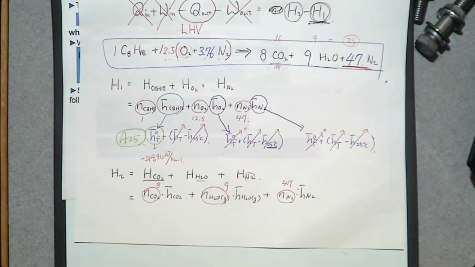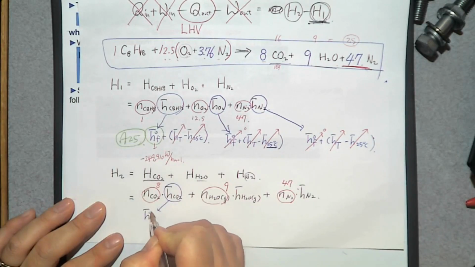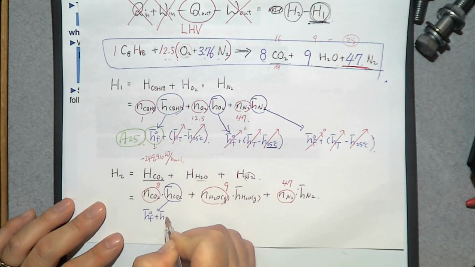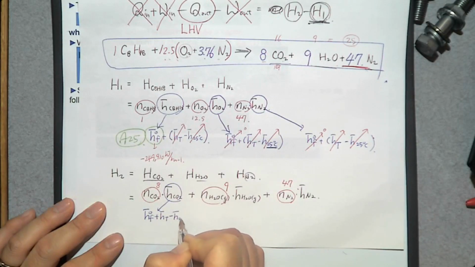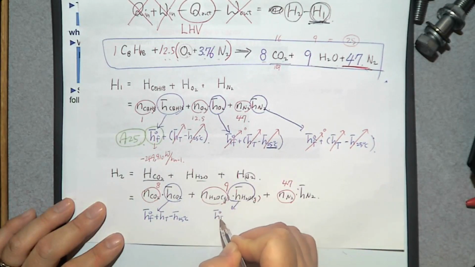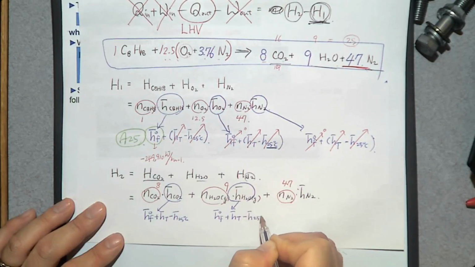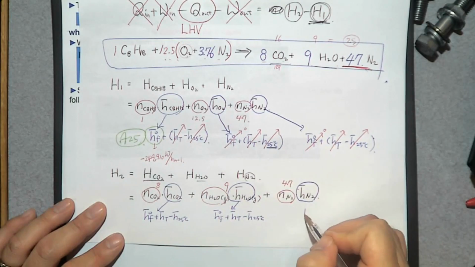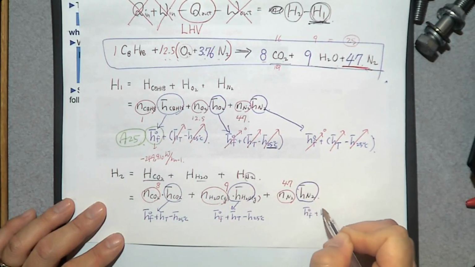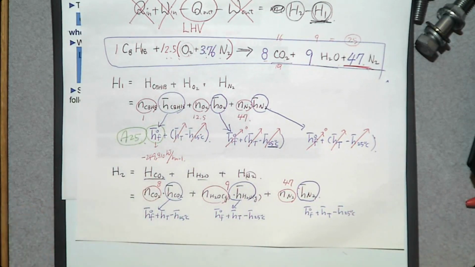The same equation, the enthalpy of formation plus delta H. So this one first: H bar degree F plus H bar at the given temperature minus the standard temperature, 25 degrees Celsius. This one too. What about nitrogen? H bar degree F plus H bar at the given temperature minus H bar at the standard temperature, 25 degrees Celsius.